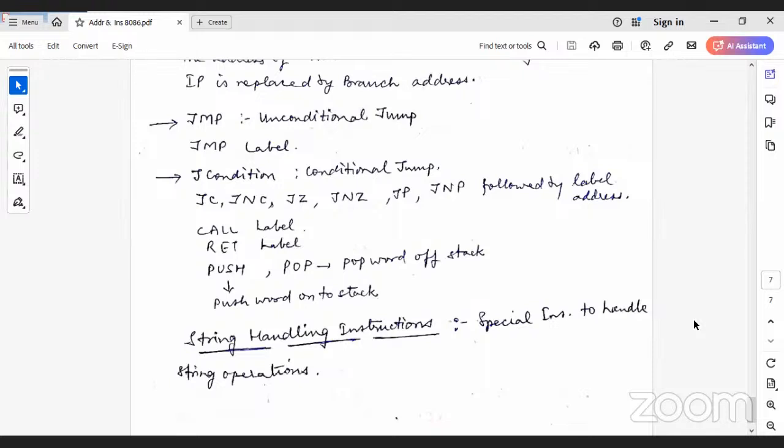Now suppose you have five 8-bit data, let us say. You are moving from memory location address 2000H to 2004H.